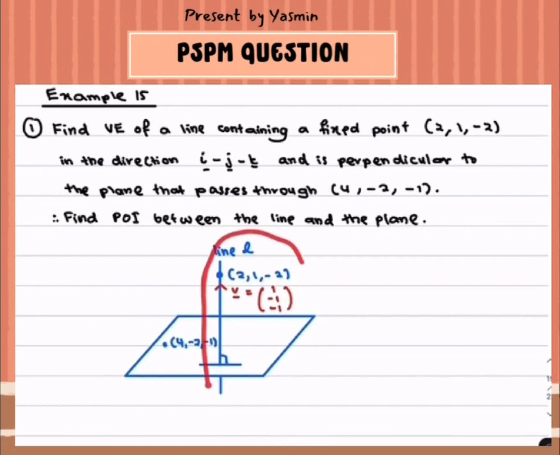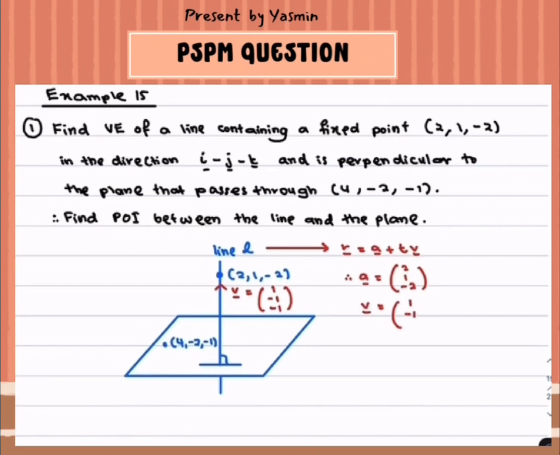So I need to find the equation of this straight line first. We know that for the line, the formula is r equal to a plus tv. The vector a comes from any fixed point on the line, which is this one. So vector a is 2, 1, negative 2. Next, I need the vector v, which is 1, negative 1, negative 1.